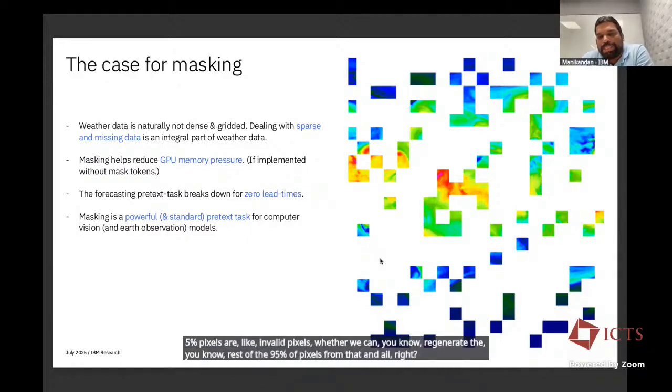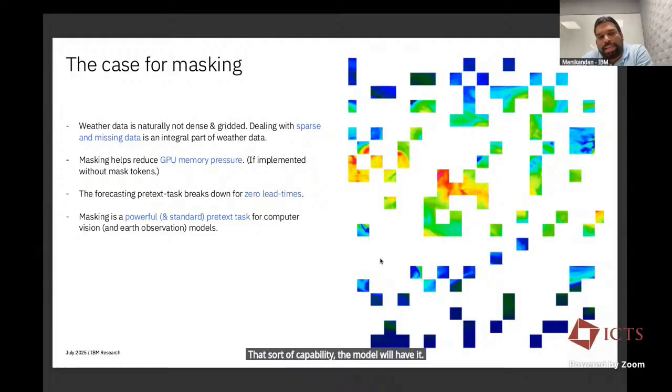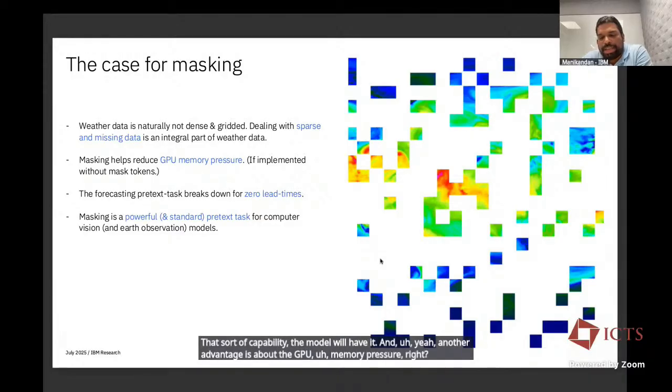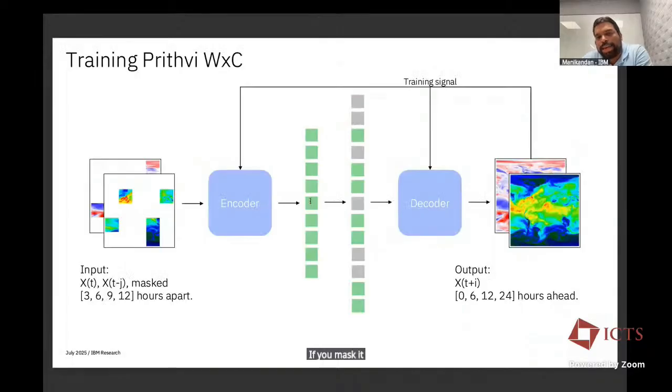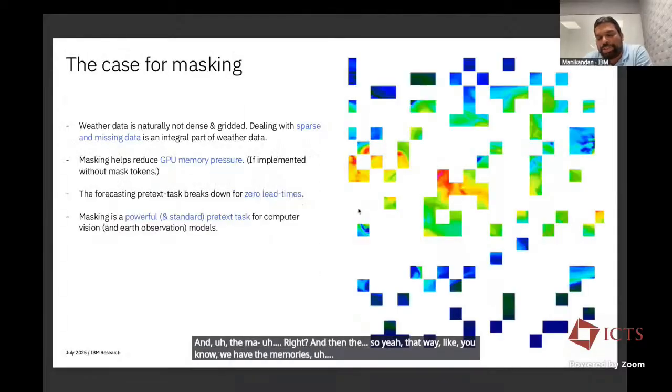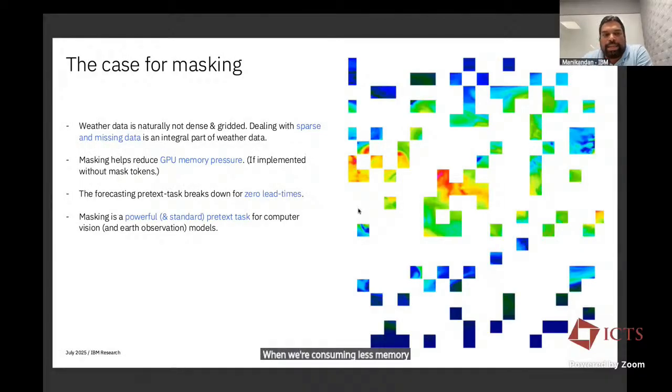That sort of capability the model will have. Another advantage is GPU memory pressure. If you mask it, only the unmasked pixels will be processed by the encoder, so we consume less memory.